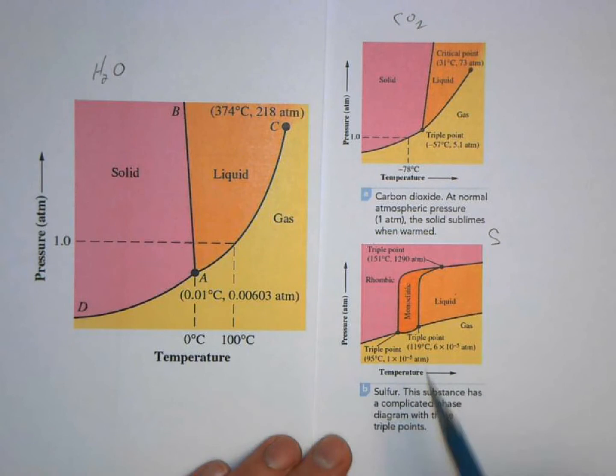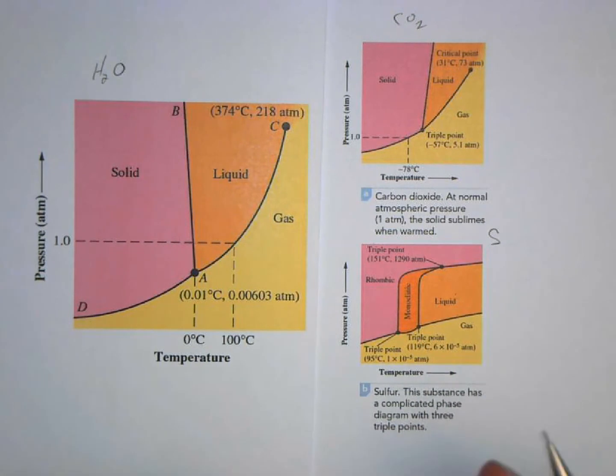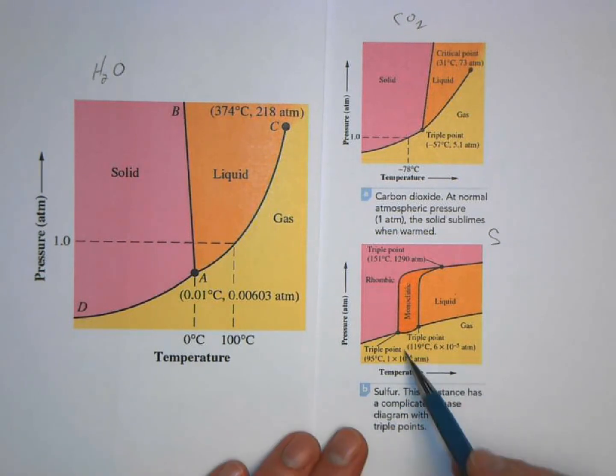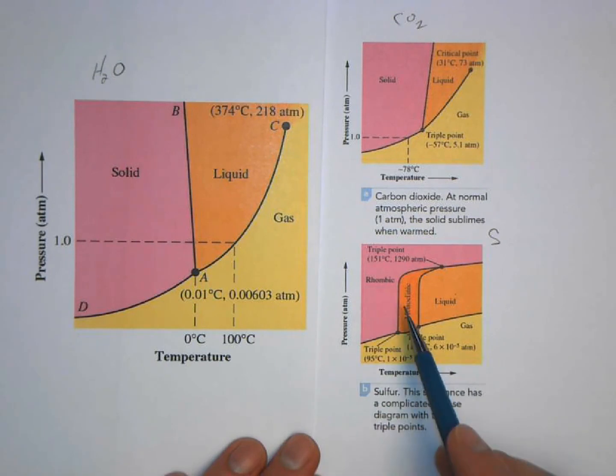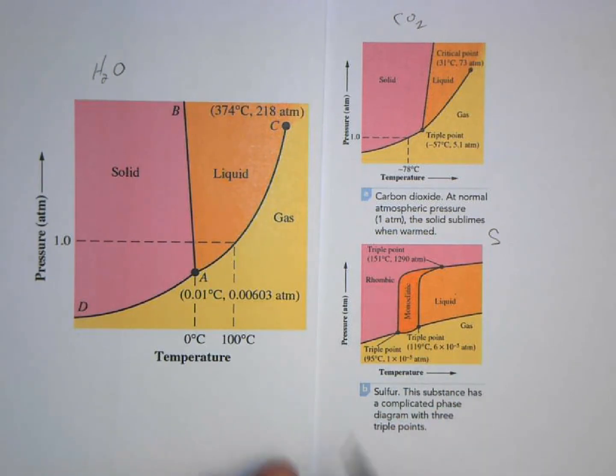So there are two different solid phases that sulfur can exist under, a rhombic and a monoclinic shape. We don't have to worry about that too much. The point is that you can use these phase diagrams to predict which phase structure would be present at a given condition. It would of course have two different triple points in that case too, where you have equilibrium between three different phases.